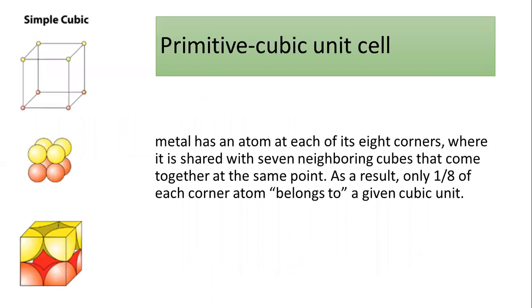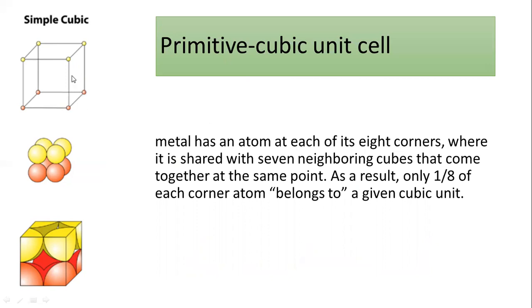The first one is the primitive cubic unit cell. This is the structure of the crystal skeleton of the simple cubic. Simple cubic and primitive cubic are the same thing.